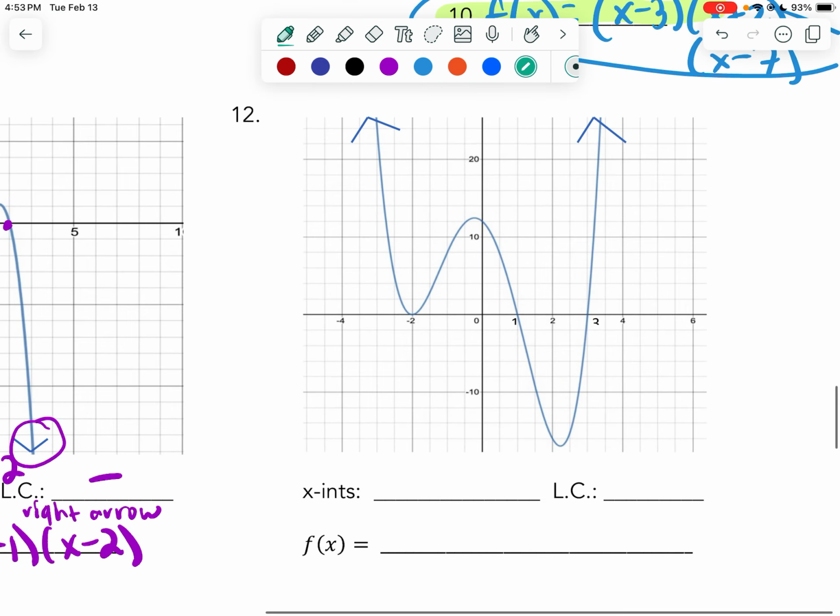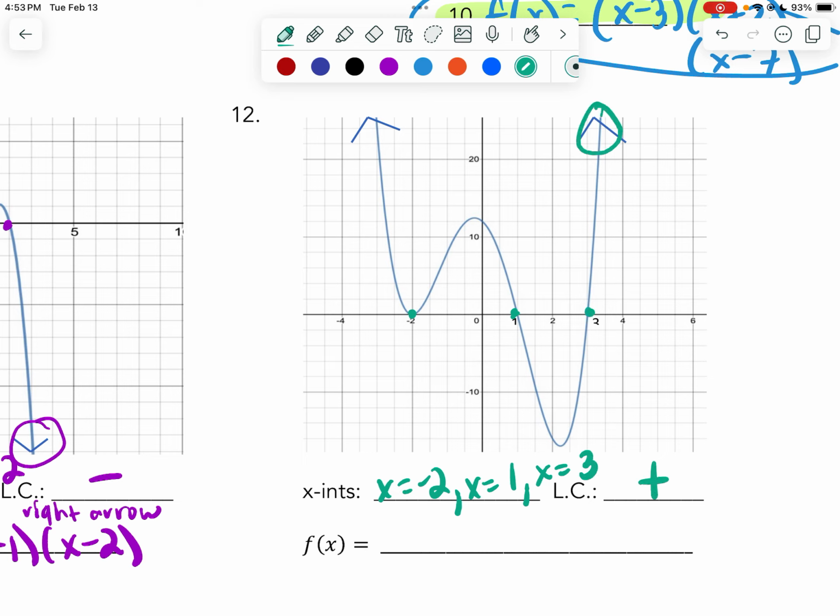All right, so x-intercepts, you could write these as points. I've just been writing them as x equals -2, 1, and 3. Right arrow is up, so leading coefficient's positive, so you don't need anything in front.